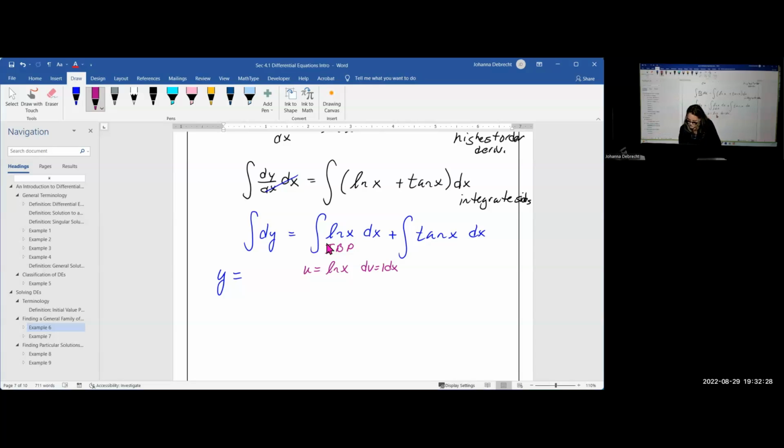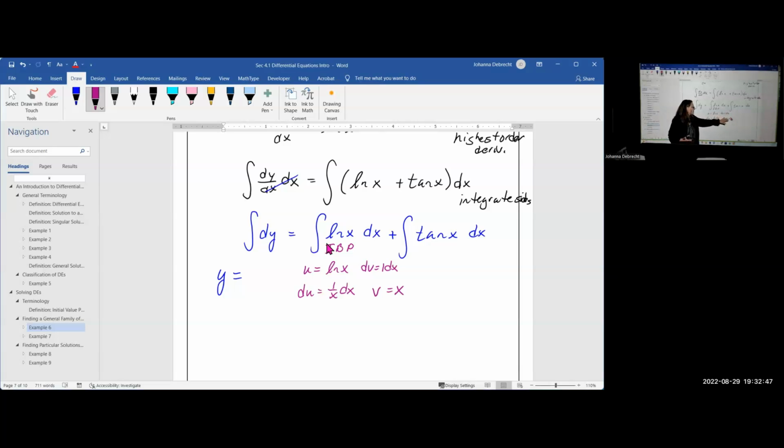So we take the derivative of u, which gives us 1 over x. We abuse the notation and swing the dx around. And then we integrate dv to get x. And we choose the particular antiderivative with 0 for the constant to make our life simpler.